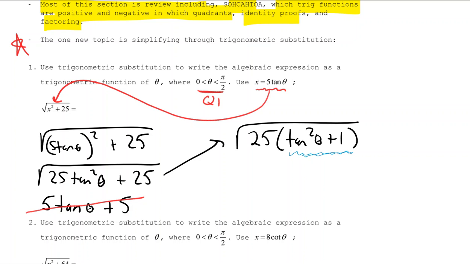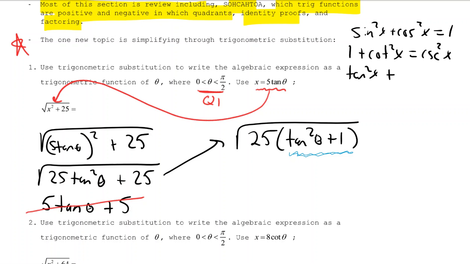Now, I know we haven't had to use these too much lately, but our Pythagorean identities are certainly one of the more important things from this semester. So sine squared plus cosine squared equals 1 should be the only one you have to memorize. Divide everything by sine squared to get the next one, or divide everything by cosine squared to get the third one. And so instead of saying tangent squared plus 1, we can put in a secant squared there.